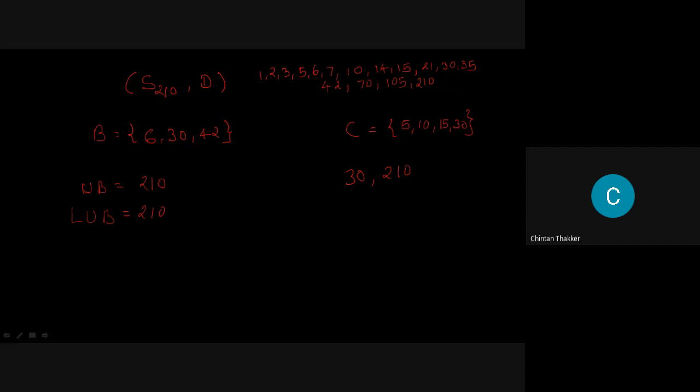Least upper bound means the upper bound which divides all other upper bounds. So which one is the least upper bound? 30, because 30 divides 30 and 30 divides 210. So your least upper bound is 30.